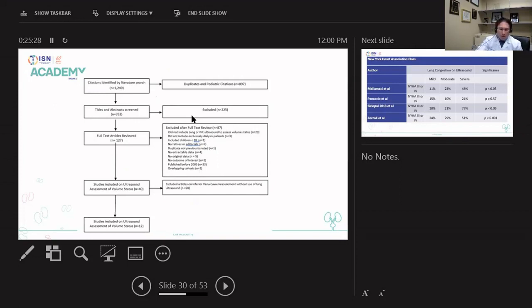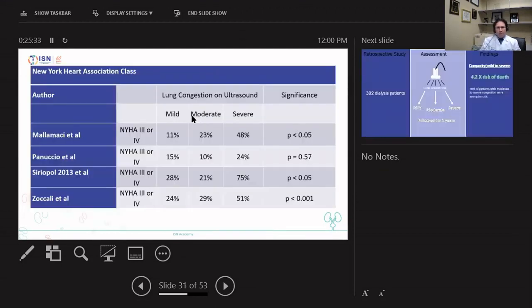Now, we had looked at the literature available on this, and at the time that we published, there were 12 meaningful studies. And one of the things that we noticed throughout the literature is that in dialysis patients, lung ultrasonography correlates with congestion, with New York Heart Association class.